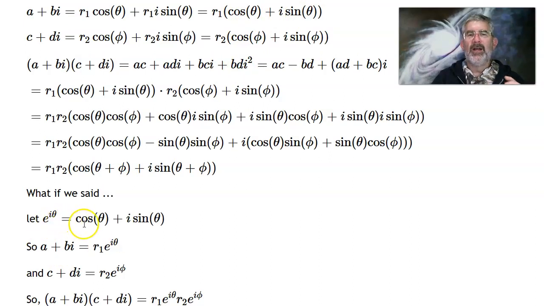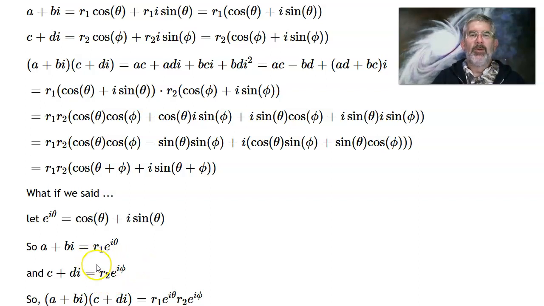E to the I theta, I want to let be cos theta plus I sine theta. Because then I can rewrite the a plus bi like this, r1 times. I mean, I'm just writing the same way, but I've chosen to, for whatever reason, make the stuff in parentheses there equal to this e to the I theta. And so likewise, c plus di would be r2 times e to the I phi.